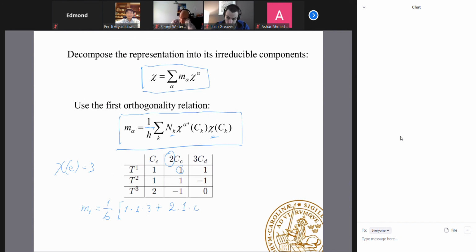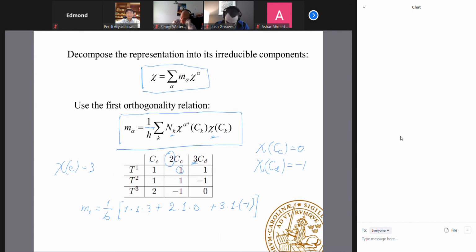So that is 0, like this. And then we continue. We have 3 for that one, and then 1 is this one here. And then we have -1, I think, for the character of class D is -1. Yes, the character of class C is equal to 0.